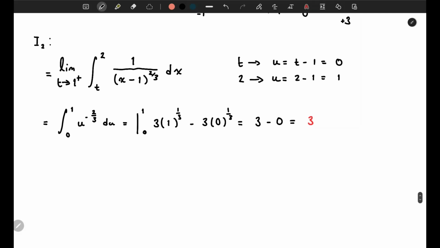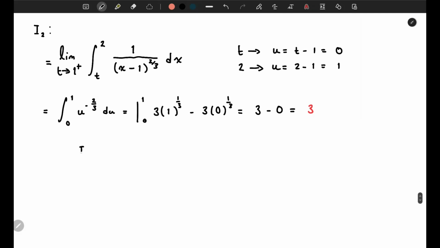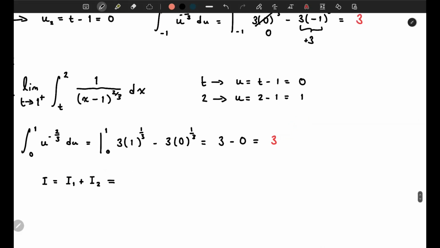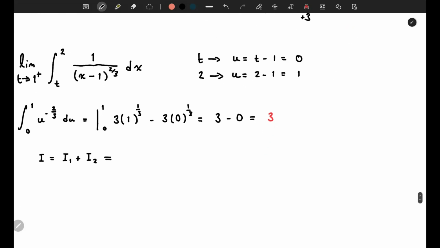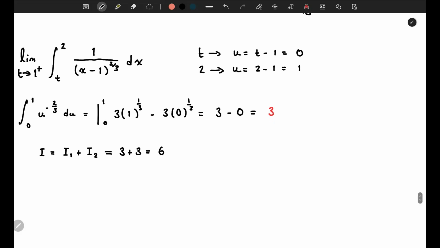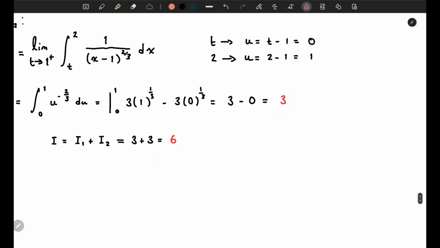So we know that we had I, which is equal to I1 plus I2. So now that we have found I1 and I2, 3 plus 3, and that is equal to 6, and that is our answer.